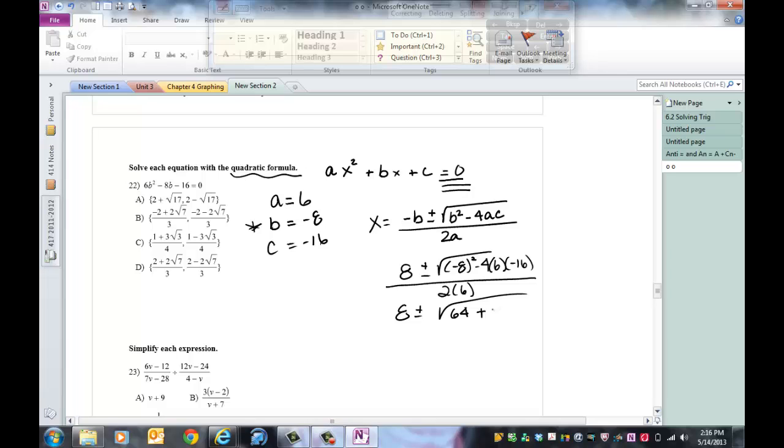This is plus 384 all over 12. I'm going to keep going. 8 plus or minus, add those two numbers together. This gets me 448 all over 12. And you can go ahead and tree out 448. I'm not going to waste your time doing that.